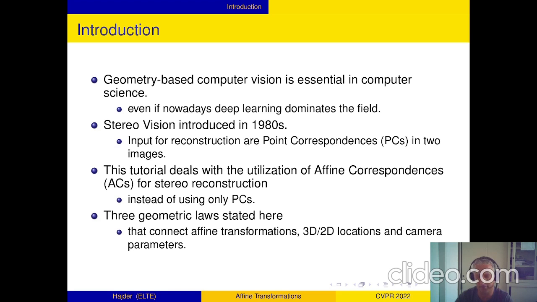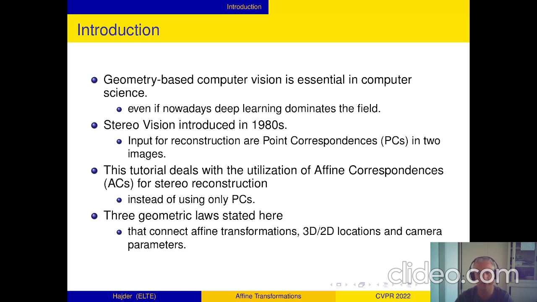The standard stereo vision was introduced in the early 80s. And until now, the input for these algorithms are the point correspondences, which means that we have several images, and first the corresponding locations are detected in the images, and then these two-dimensional locations represented by two-dimensional coordinates determine the input for the 3D vision algorithms.